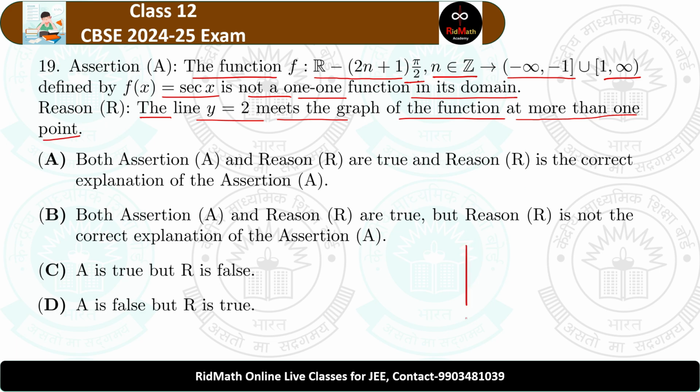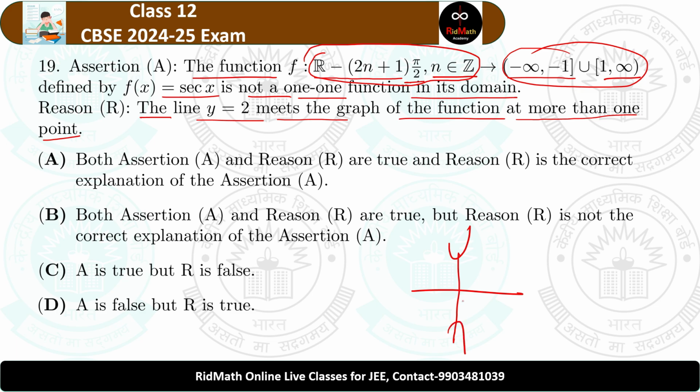Okay. So it is saying the sec x graph. This is the domain of sec x and this is the range of sec x, and the range is whole R except minus 1 to 1. So the graph of sec x is like this, and from here this is 1 and this is minus 1.